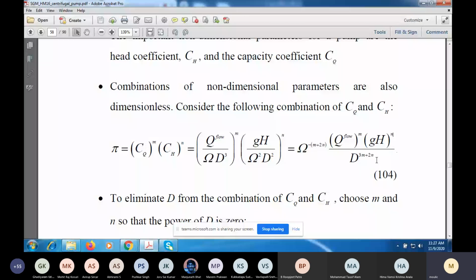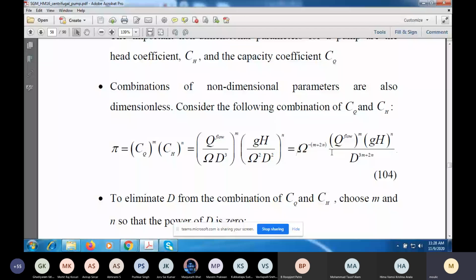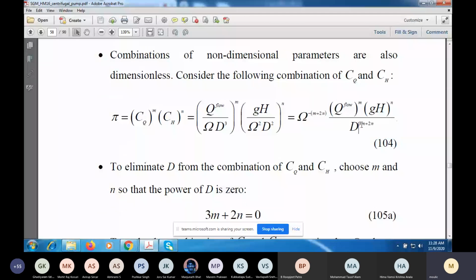Now we want to eliminate d from this combination. So we can choose m and n such that the exponent of d, the last term on the right hand side of equation 104, is 0. Then you will have d to the power 0. And you want this quantity minus of m plus 2n to be equal to 1.